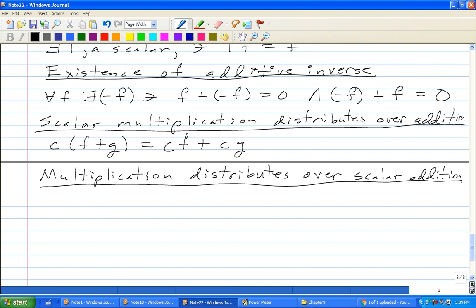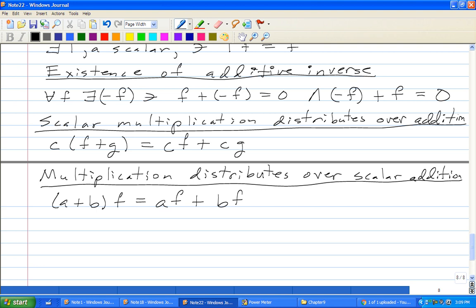So suppose I have two scalars, let's say a and b, then the sum of a plus b times the function f is the same as the function addition of the scalar multiplication of a and f added to the scalar multiplication of b and f.